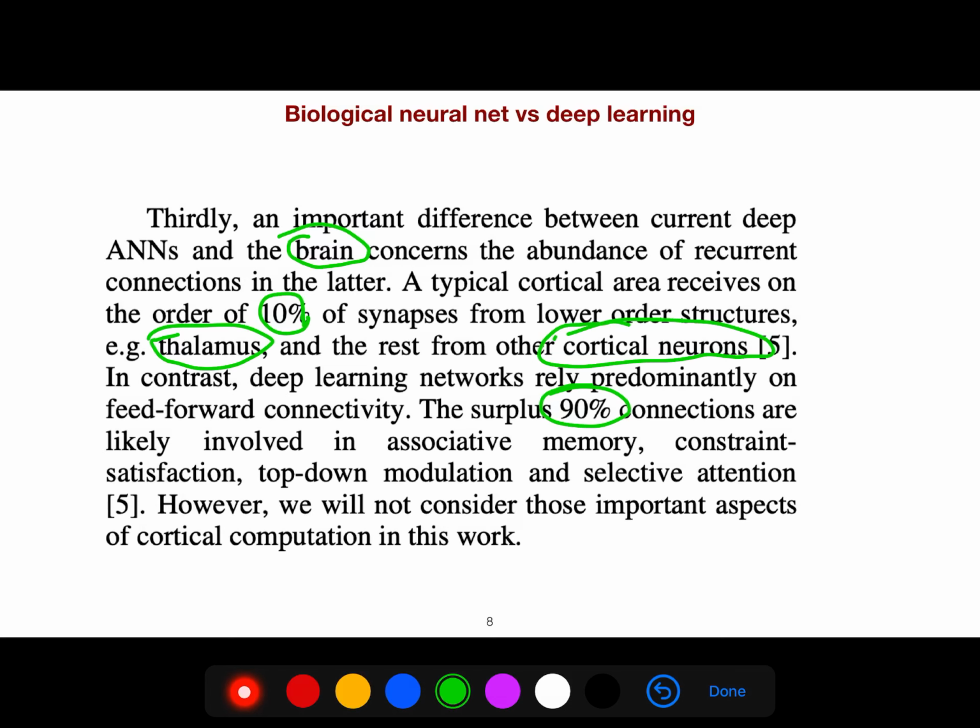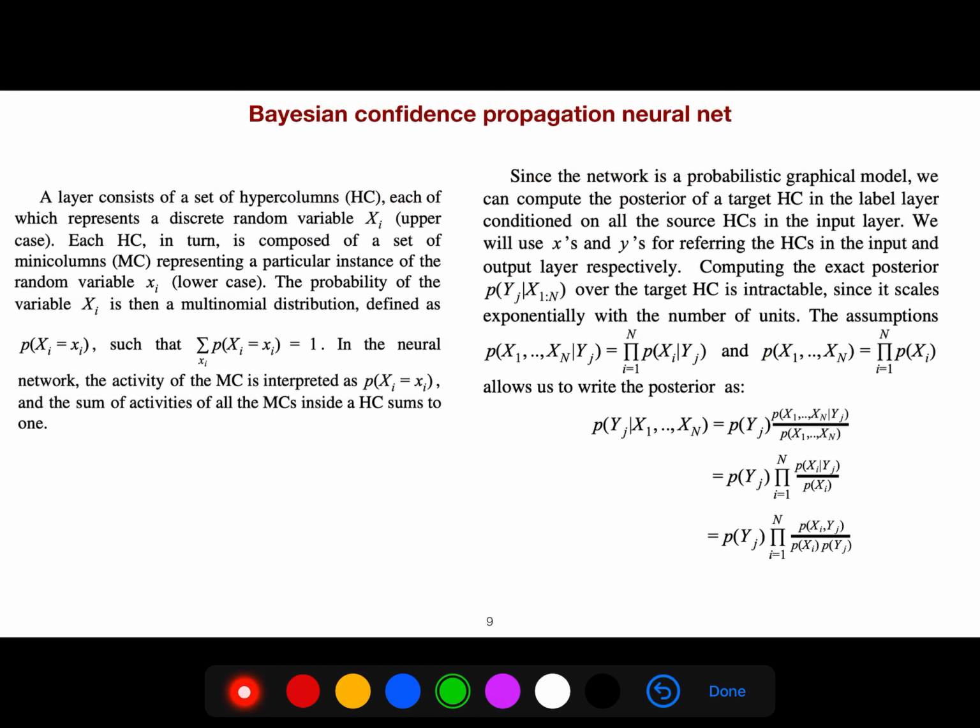However, we will not consider those important aspects of cortical computation in this work. So we just write Bayesian confidence propagation neural networks, we have done it before. What is important is that we will use X and Y for referring to hypercolumns in the input and output respectively. So X are hypercolumns in the input and Y are hypercolumns in the output.